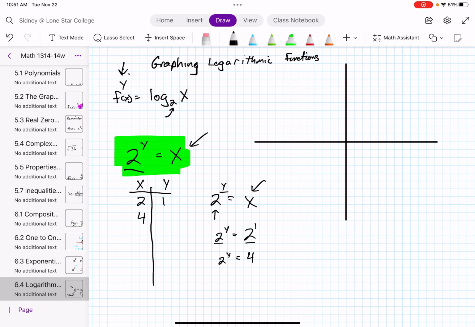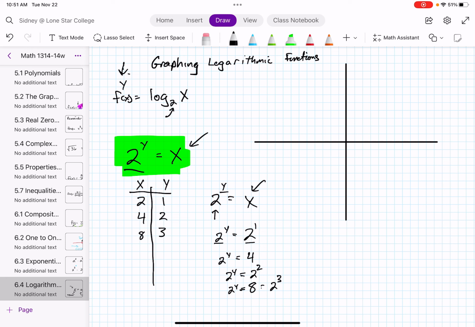Hopefully you can remember that 2 squared equals 4, so y would have to be 2. If I had 8, 2 to the power of y equals 8, but 8 is 2 to the power of 3, so y would have to equal 3. Hopefully that's fairly intuitive.